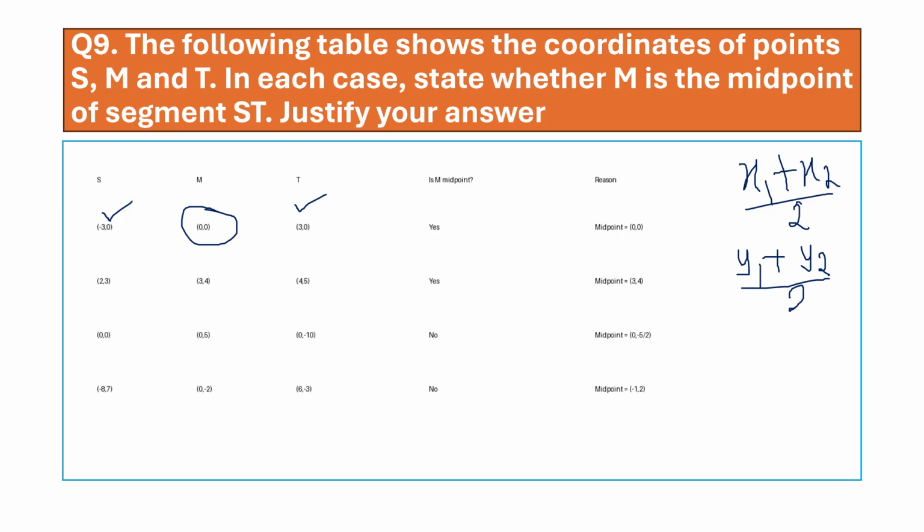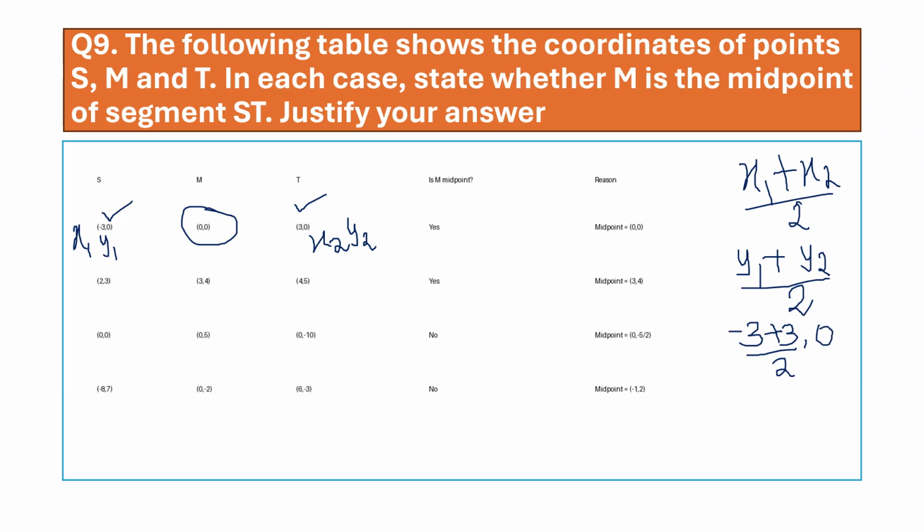If this is x1, y1, and this is x2, y2, we do x1 plus x2, that is minus 3 plus 3. I'm doing the first one so that you will understand how to solve the others. Minus 3 plus 3 upon 2, and the second will be y1 plus y2, that is 0 plus 0 upon 2, that will give you 0.